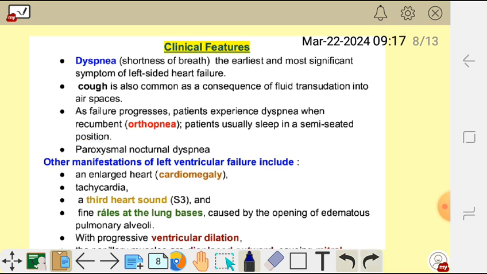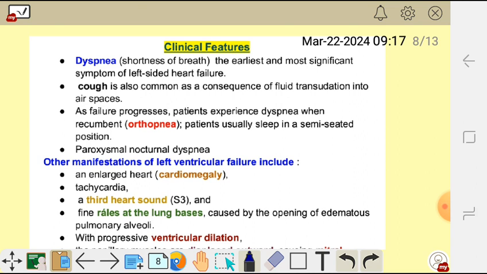And then apart from that, we also have paroxysmal nocturnal dyspnea. This is when the patient sleeps, and after an hour or 2 hours, he feels shortness of breath and wakes up. So that is what we call paroxysmal nocturnal dyspnea.